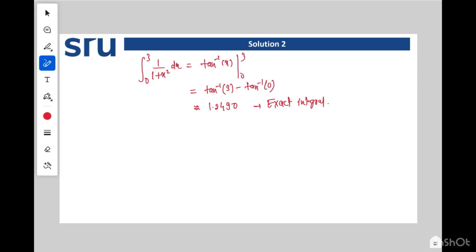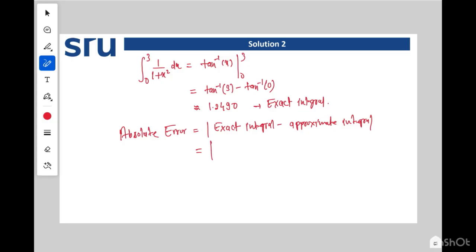So how to calculate the absolute error? Absolute error is defined in modulus by taking the error between the exact and approximate value, okay. So this is your exact integral minus approximate integral. What is the value of exact integral?